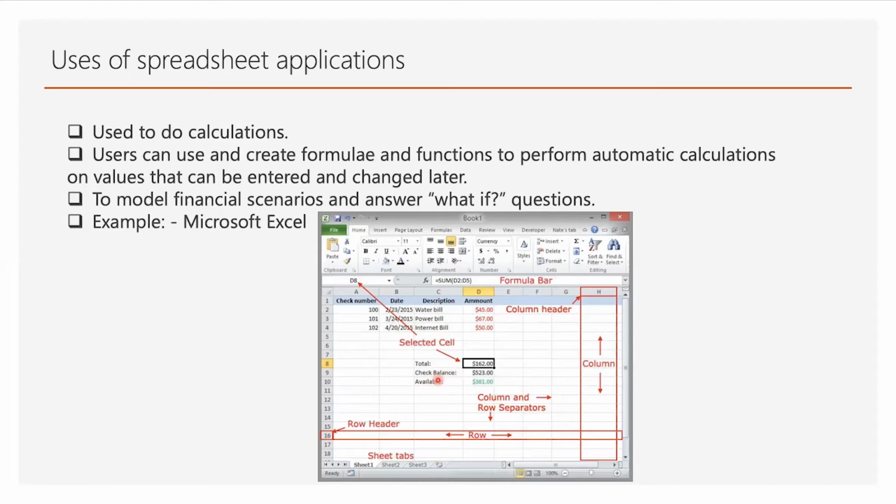Now tell me, 102, name this cell. A4. Yes, this is A4. So you understood how to name a cell. Remember, this is called the column and this is called the row.